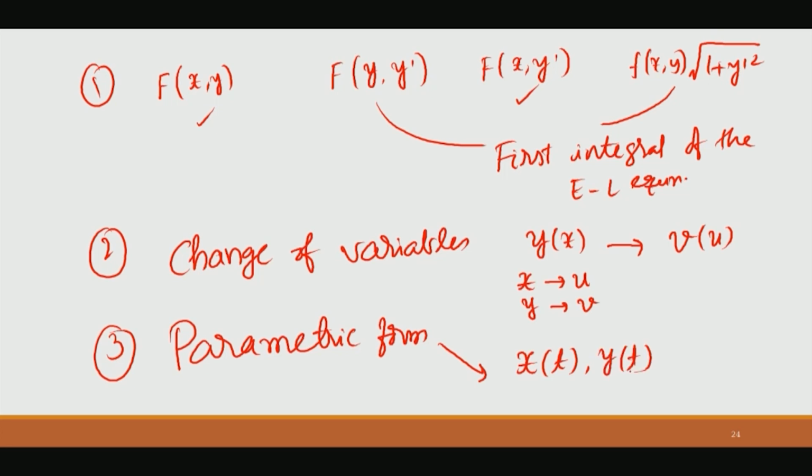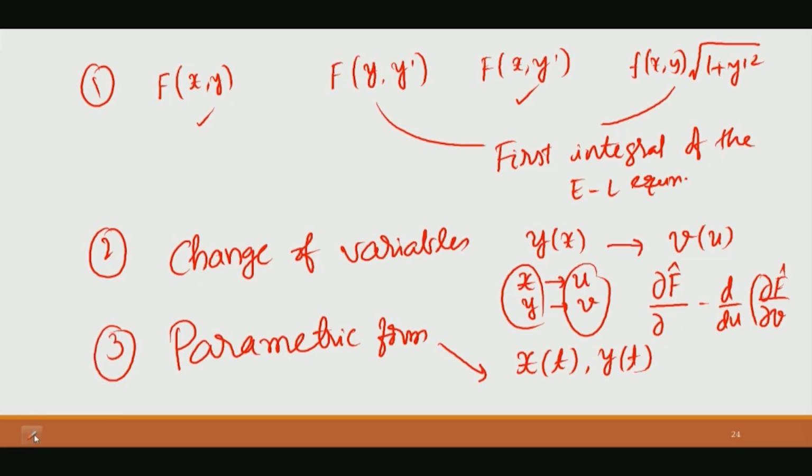If you notice, the form of the Euler-Lagrange equations remains invariant, that is, it does not change. When you change x, y to u, v, the form remains the same, meaning that when you convert to u, v, we would write, the form would have changed, let me call it f hat, or something, dou f by dou u minus d by du of dou f by dou v, sorry, dou f by dou v it will be, not u.